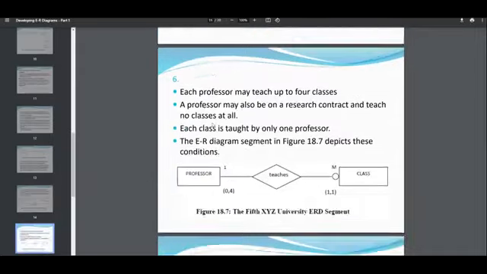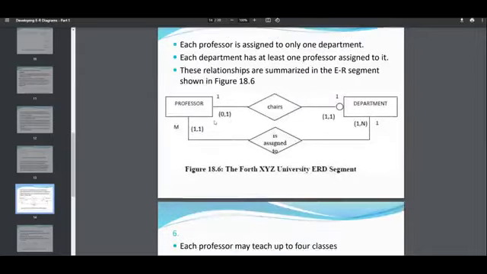While looking at these diagrams and figures, you should get a clear idea about what is 1, what is 0, what is optional, what is non-optional, what is strong, what is weak, what is mandatory, and what is not mandatory. Not mandatory means optional. You should be able to understand these properly, make decisions properly, and finally design the output.